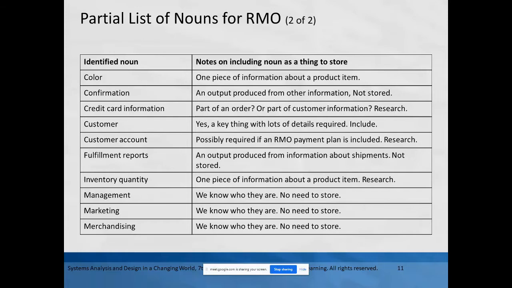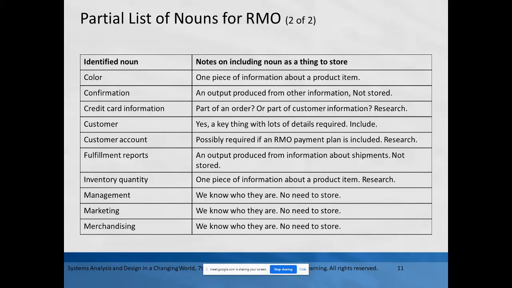We have some more here. Color to me is pretty clearly an attribute about a product, but it is what it is. They've identified color as one. Credit card information, is this part of an order, part of a customer information? Again, this one's usually part of customer information, but it depends.